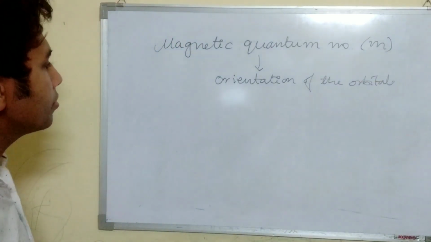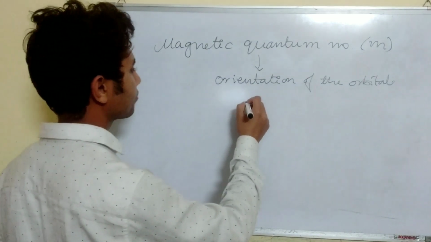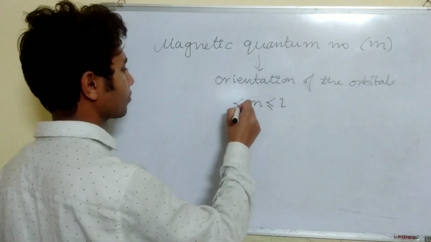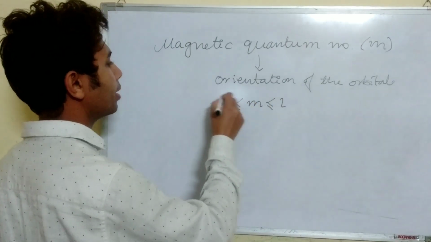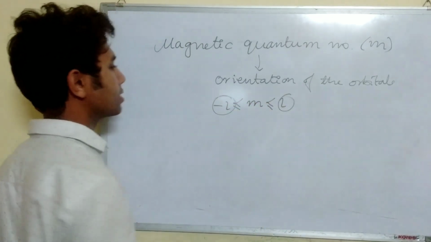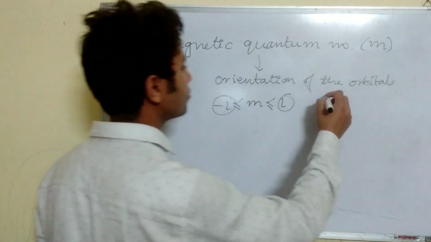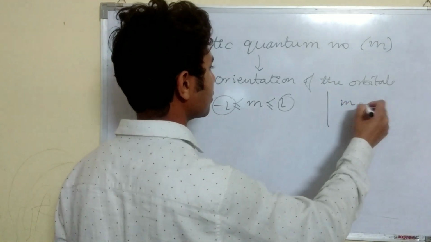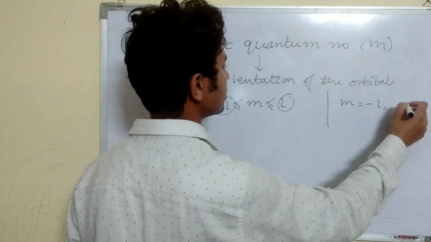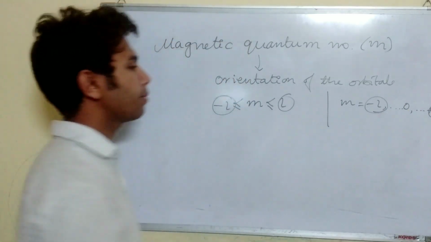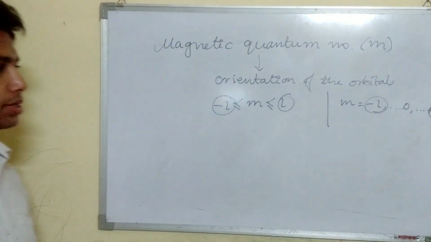Its value goes from minus l to plus l. Means the value of m is minus l, 0, and so on up to plus l. From minus l up to plus l, its value goes.